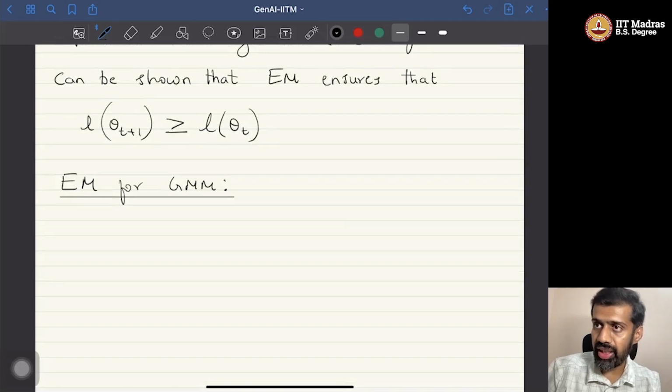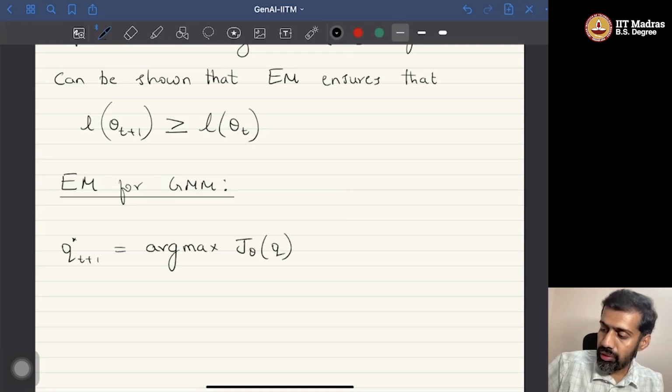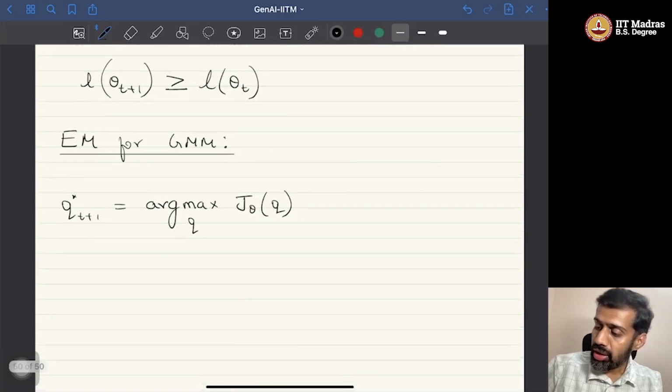So first we find the q star, so q star t plus 1, which is the maxima of the ELBO with respect to q. This can be shown to be equal to the posterior of the latent variable given data.